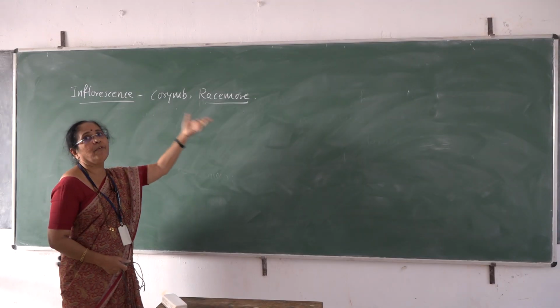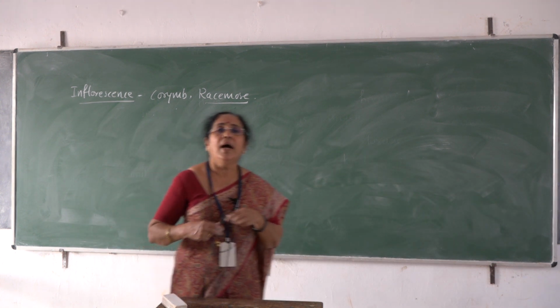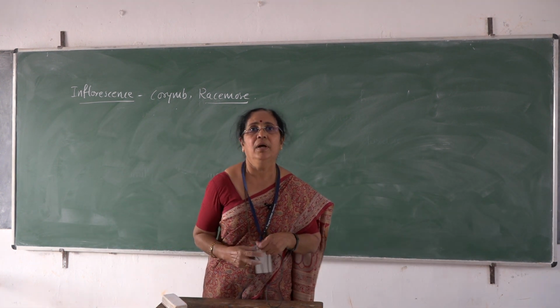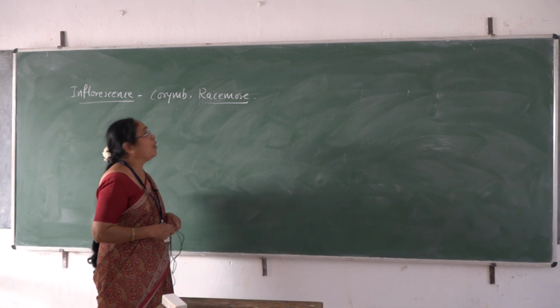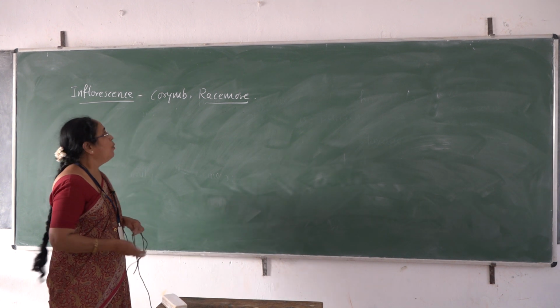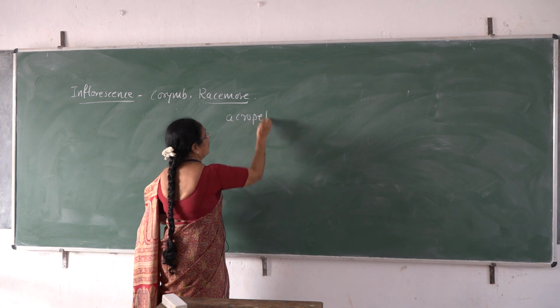The porine is a type of racemose inflorescence where the axis is of medium height. So the racemose inflorescence is indefinite inflorescence where the flowers are arranged in acropetal manner.